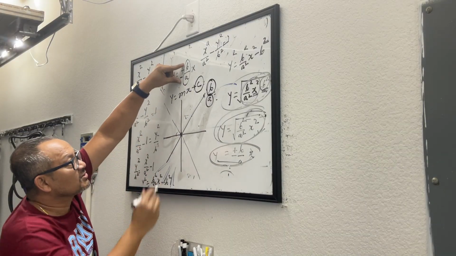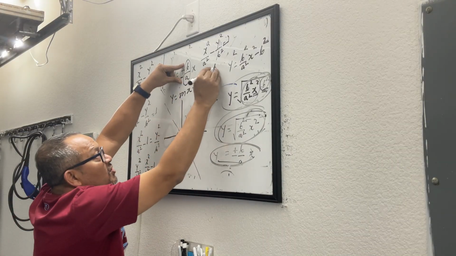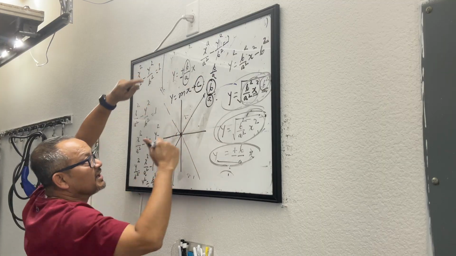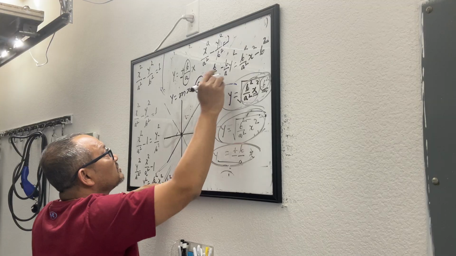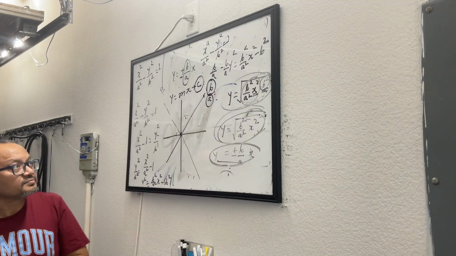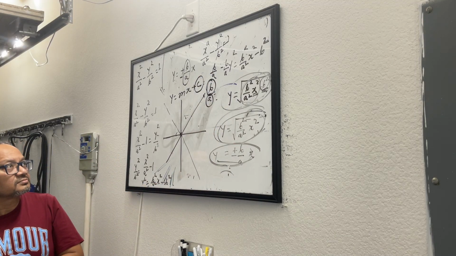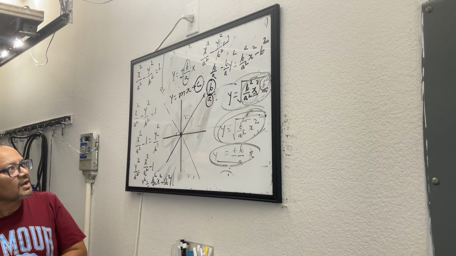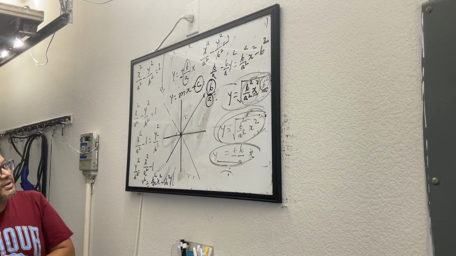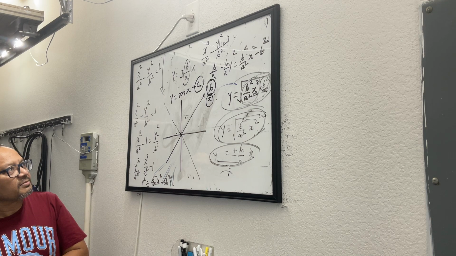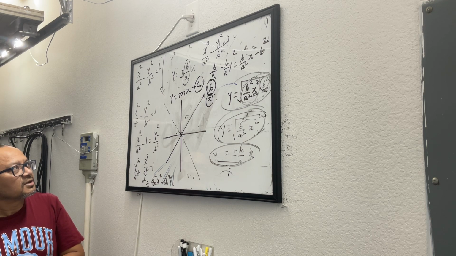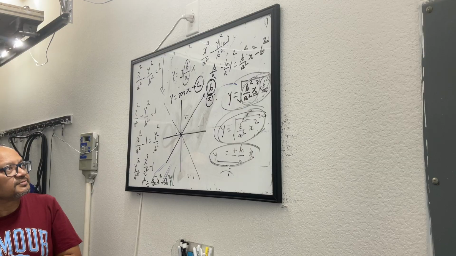This guy has a slope of b over a, and this line has a slope of minus b over a. Okay? So if I am multiplying these two slopes, how would I get a minus 1? Praneeth, am I missing something here? If you recall.